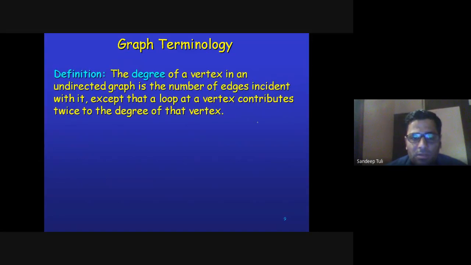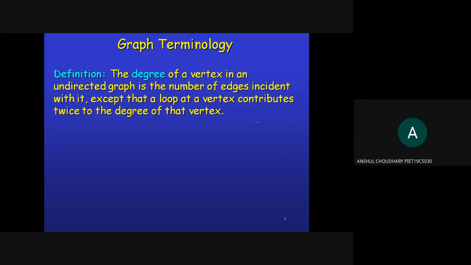Now the degree of a vertex. Like in a tree, we have also learned about the degree of a particular node. What was the degree there? Number of children. Very good.